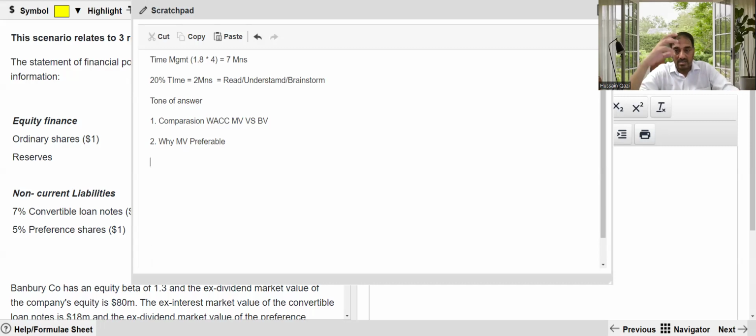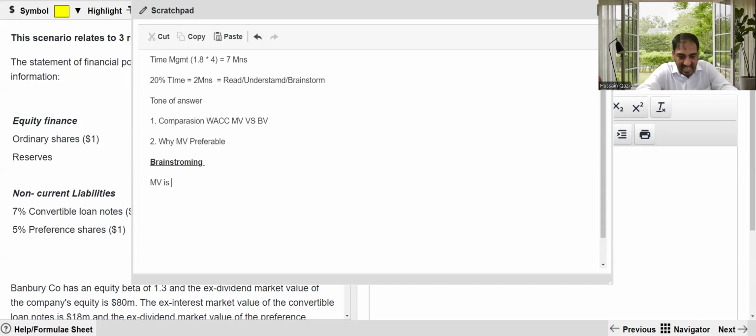Then you have to develop a raw thinking. That is called brainstorming. Never make the mistake of directly starting the writing. First, you have to brainstorm. For example, you have to develop or compose your mind.